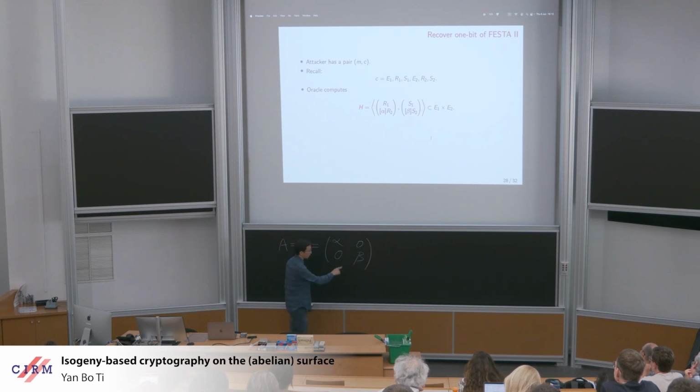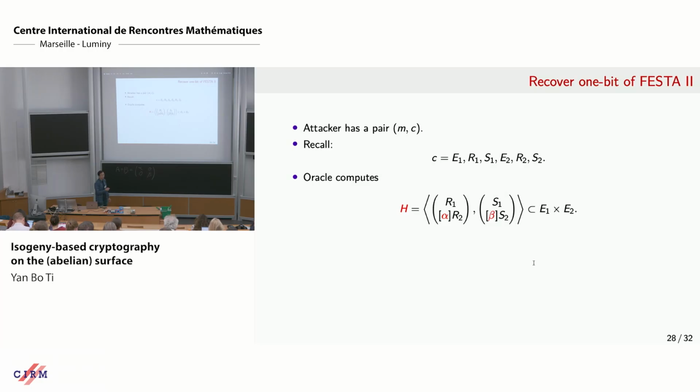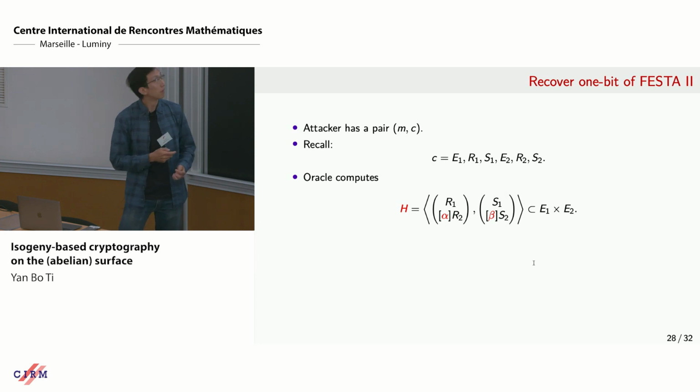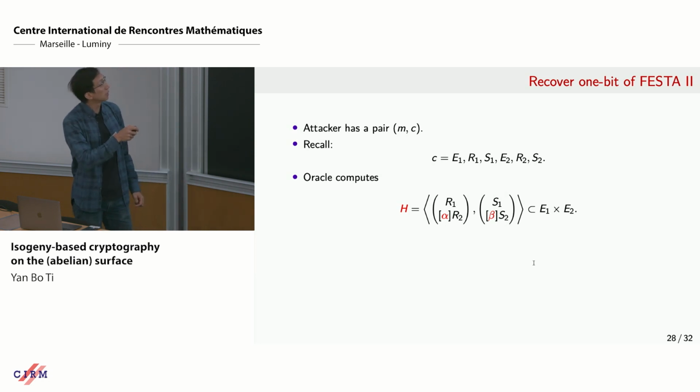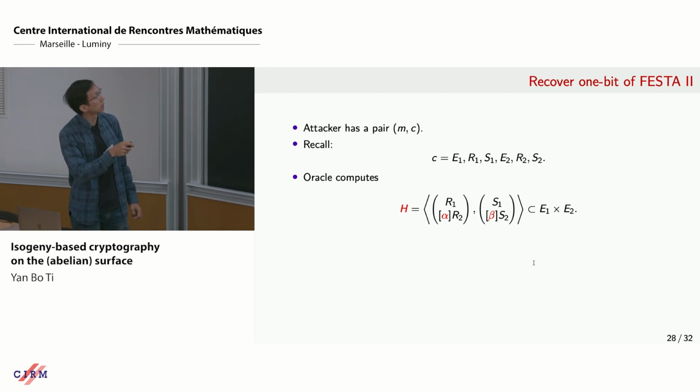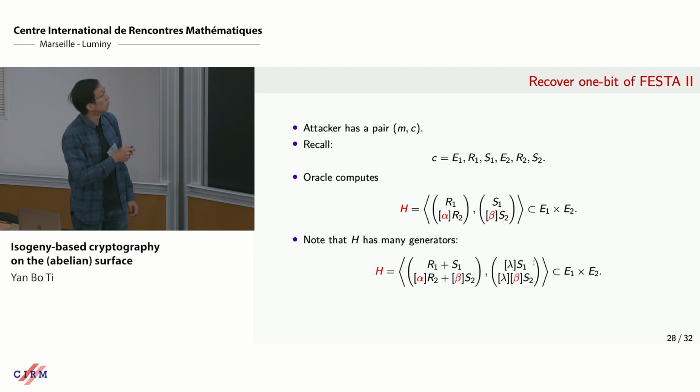This is the matrix that Luciano presented earlier this morning. What I want to do is recover alpha or beta, ideally both. This is how R1, R2, S1, S2 are used in combination with the secret key.